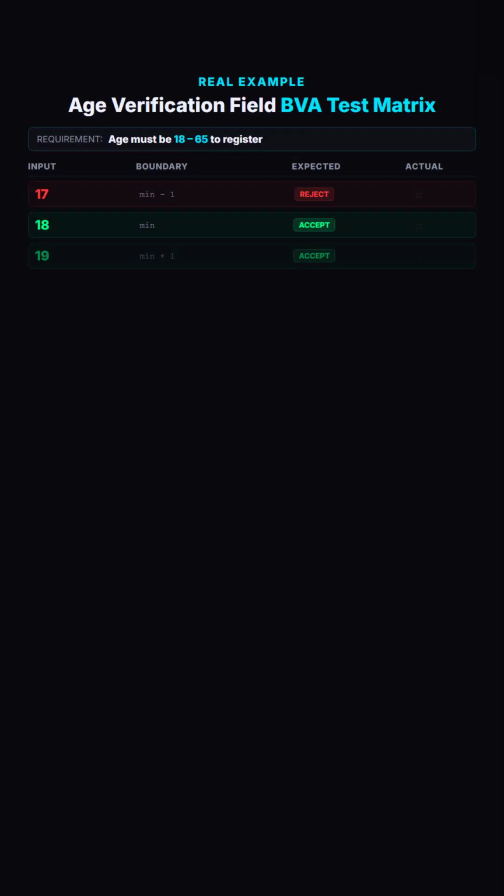Let's apply this to a real example. You are testing an age verification field on a website. The requirement says users must be between 18 and 65 years old to register. That gives you 2 boundaries, a minimum of 18 and a maximum of 65. Apply the BVA formula.